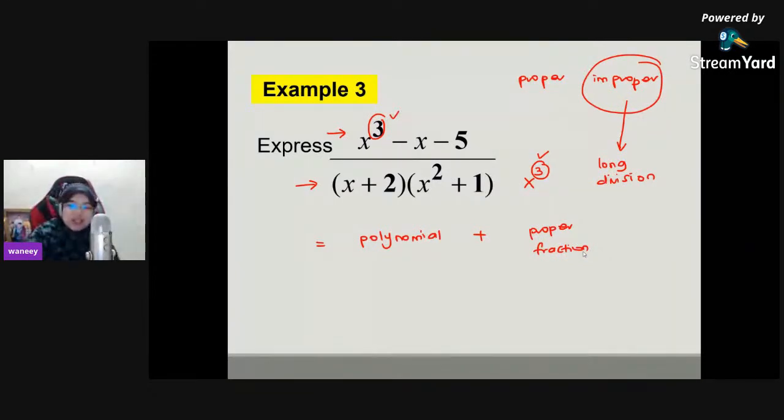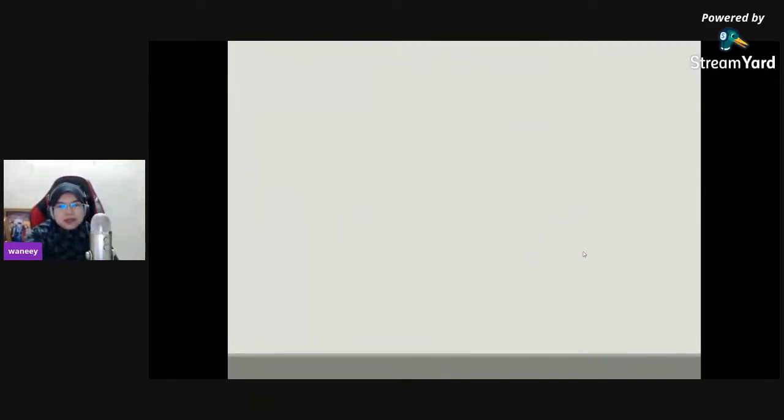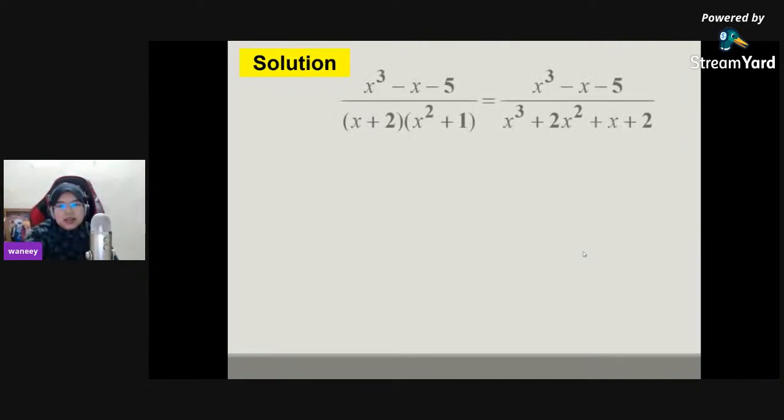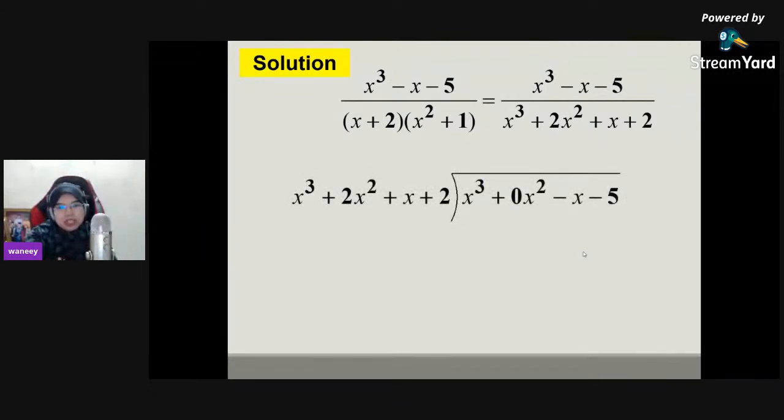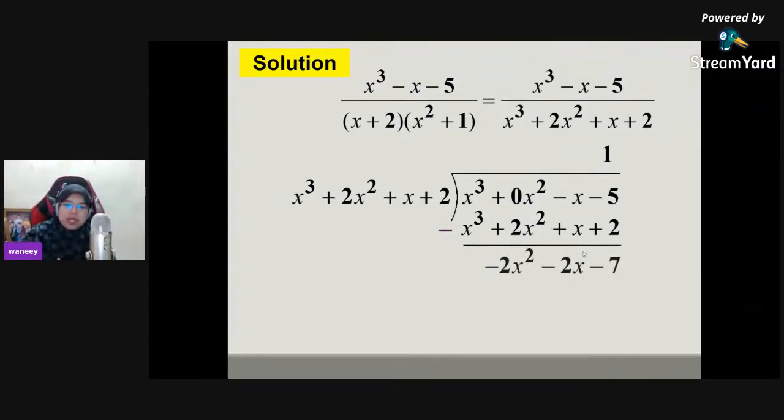Okay, so now let us see what you get after long division. Expand them very, very carefully and then do the long division for it. Then you should be able to get negative 2x squared, negative 2x, negative 7.